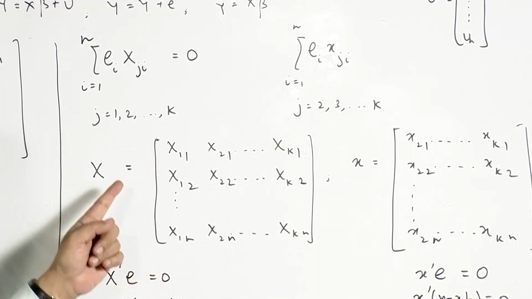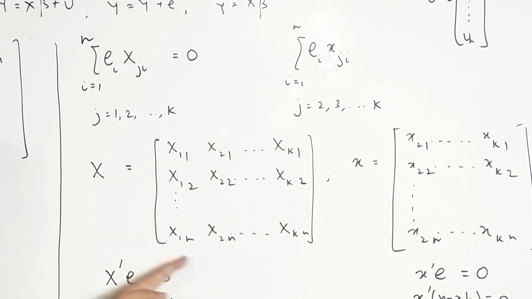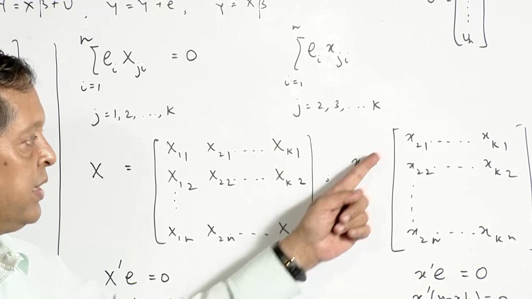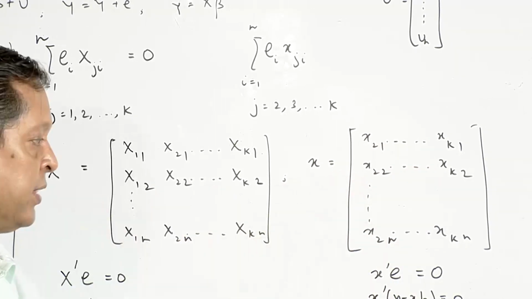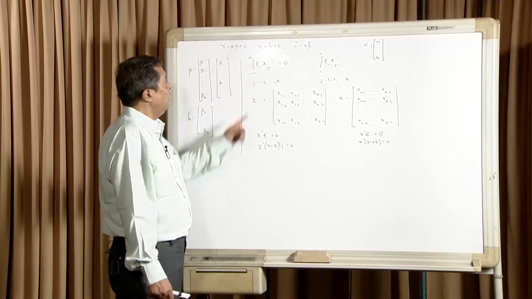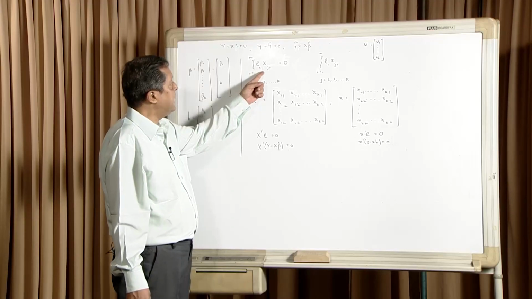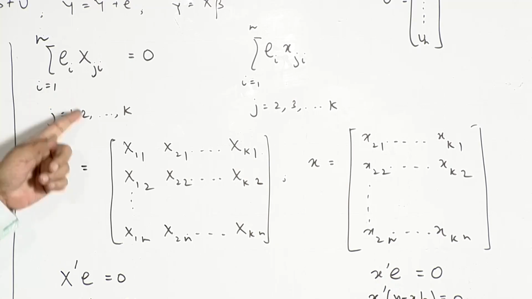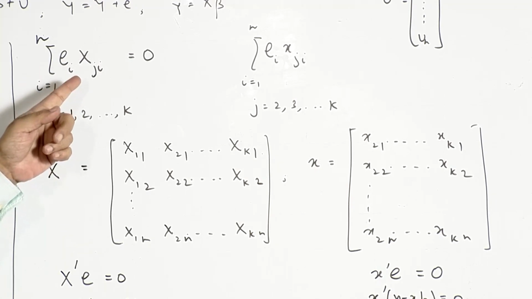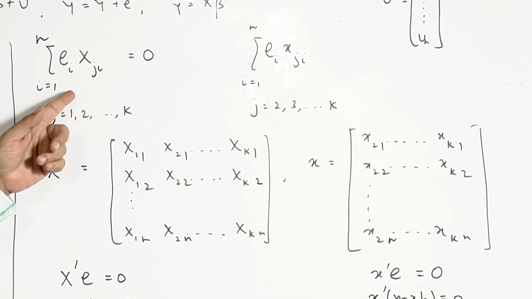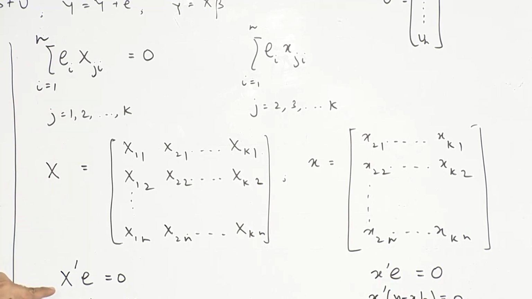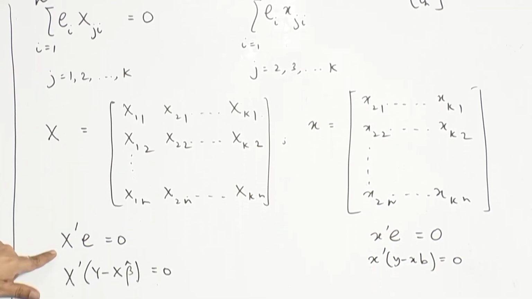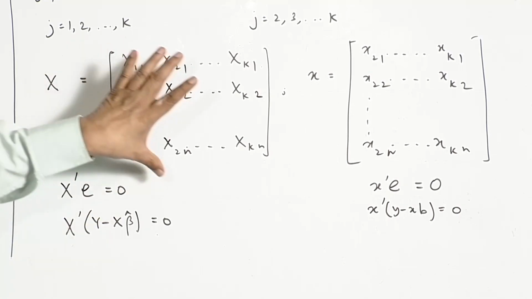And once again, what is the X matrix? This capital X. What is the small x matrix? It is this matrix in deviation form. So, writing this equation k times, j running from 1 to k, means writing this equation k times for j equal to 1, j equal to 2 up to j equal to k. Instead of that, in matrix form we can simply write X prime e equal to 0, the transpose of this.